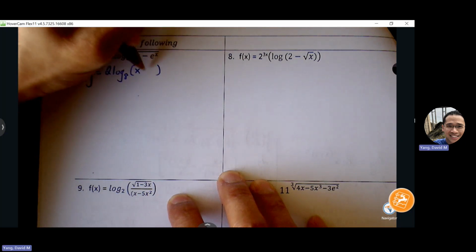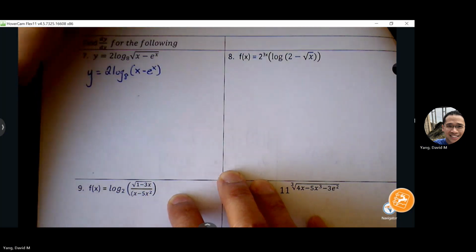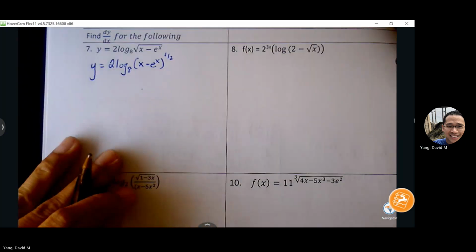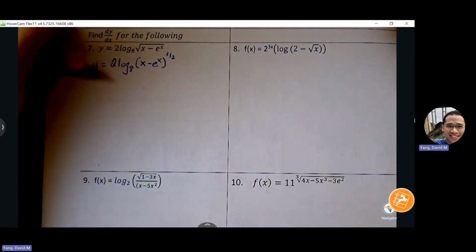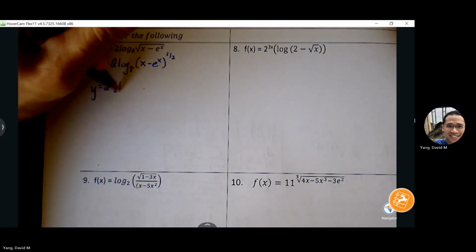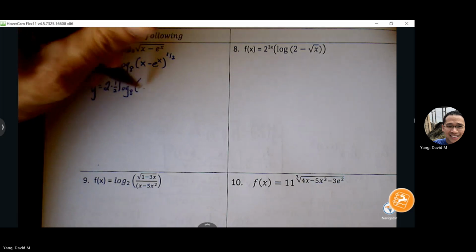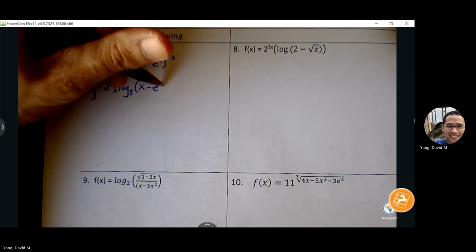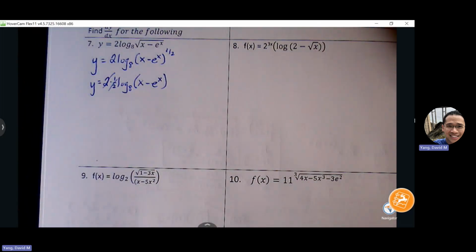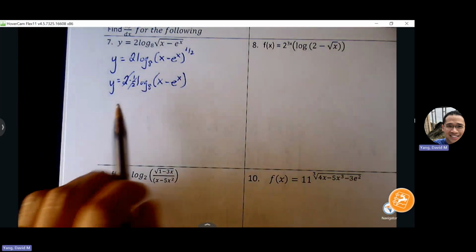That square root can be written as a power, then what would you do? Yeah, bring that down, right? The 2 and 1/2 go away. So that's about as cleaned up as we can make it. We can't distribute that log base 8 through.